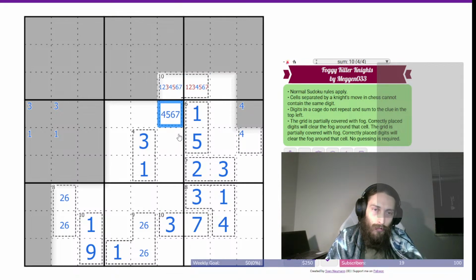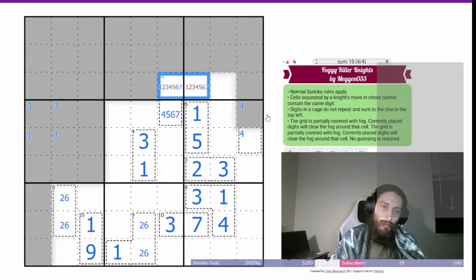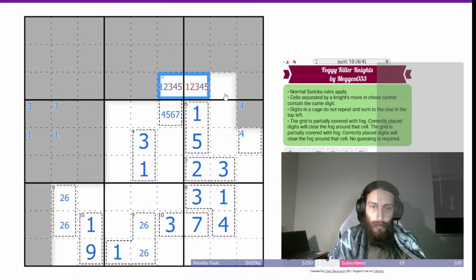1, 2, 3. This is a 4. These two are almost 6. 6 and 7 for now.